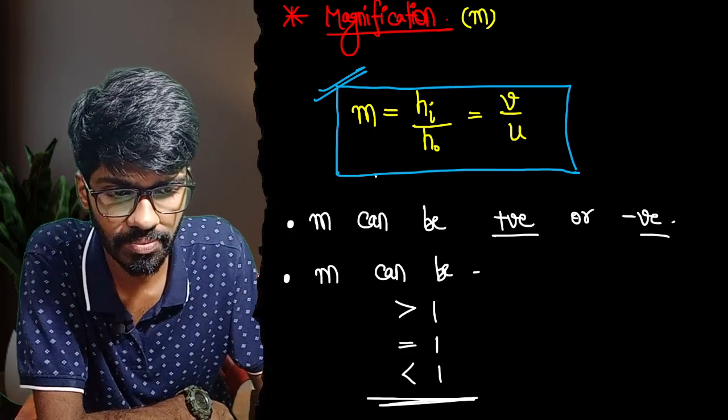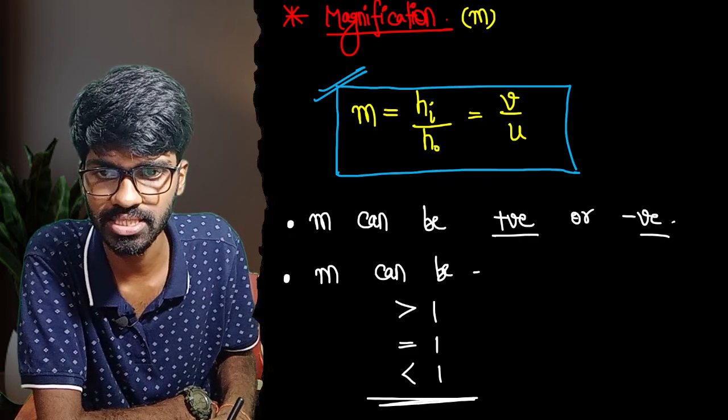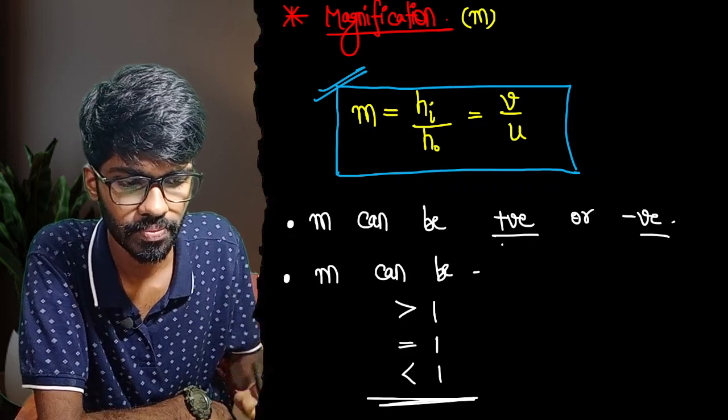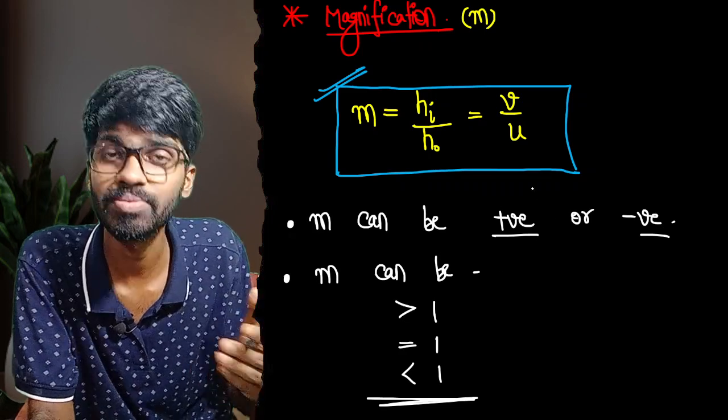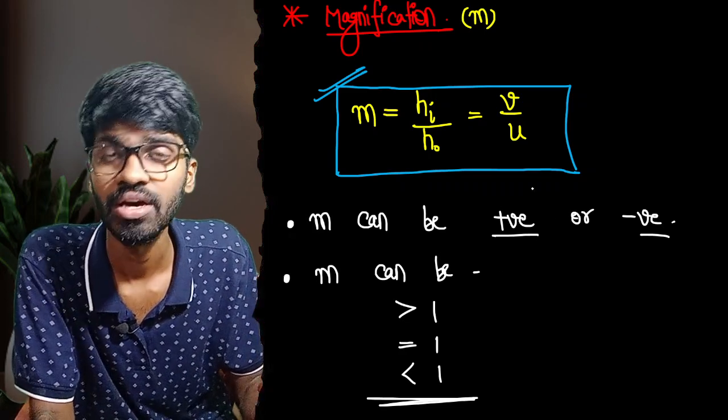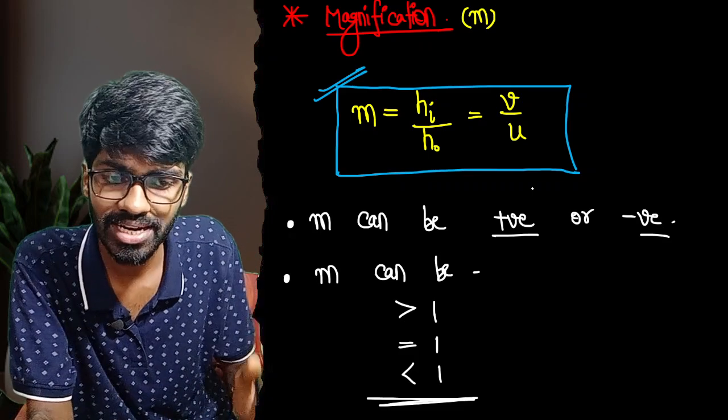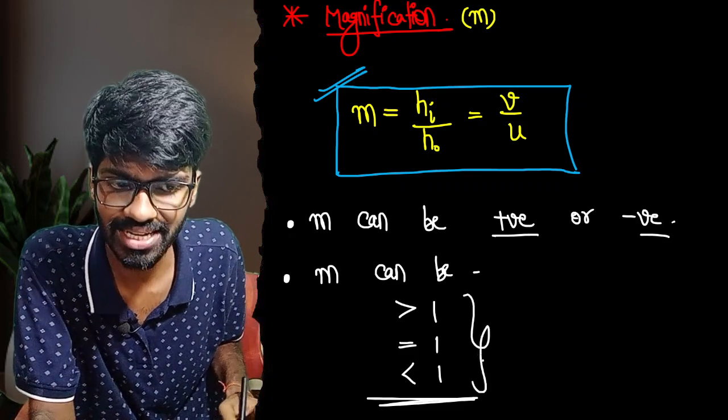Let us discuss in more detail. We will discuss all the cases: when M is positive, when M is negative, and similarly when M is greater than 1, smaller than 1, or equal to 1. So let's take all of these one by one.